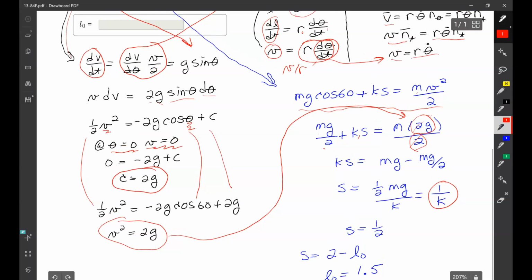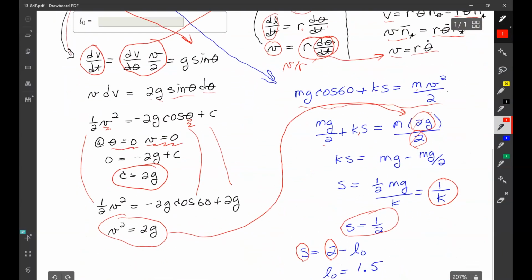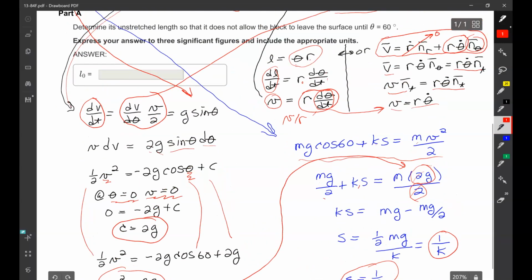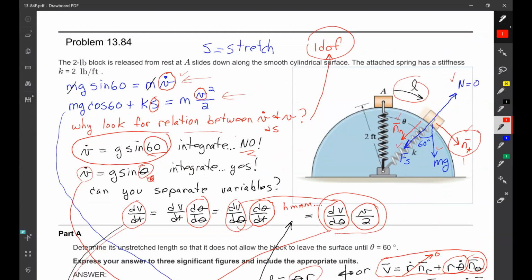So k is equal to 2, so s is equal to 1/2. Find the free length. The stretch is equal to 2, because that's how long it is, minus the free length. The free length is 1.5. That's exactly what I got last time using polar coordinates. So you could do it with either one.